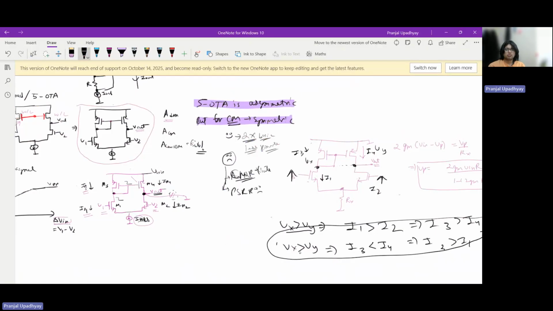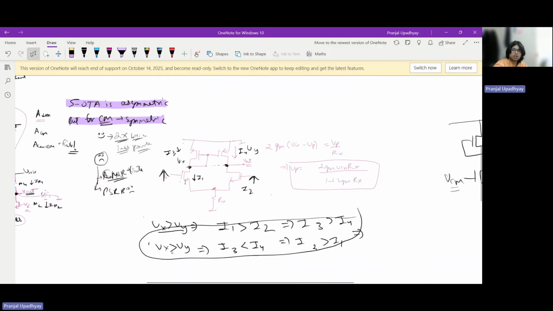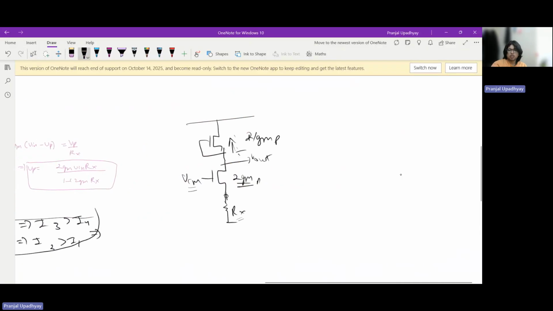The main idea we are trying to convey is that in fully differential amplifiers, when there was a mismatch, we found there was a common mode to differential mode conversion, right? And we were taking the output as the difference of these two nodes.